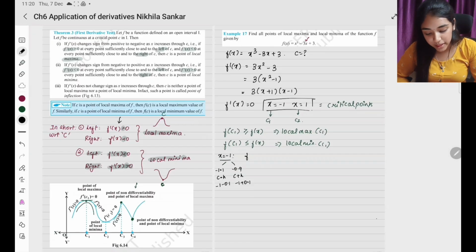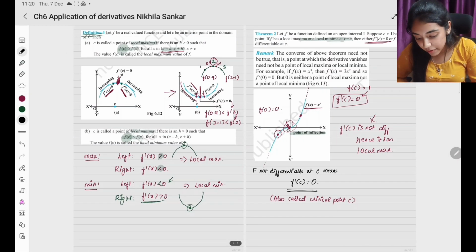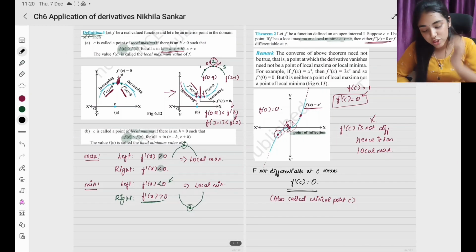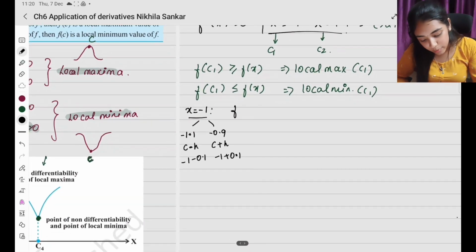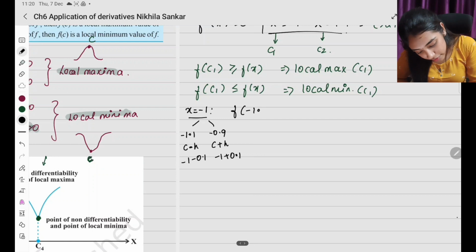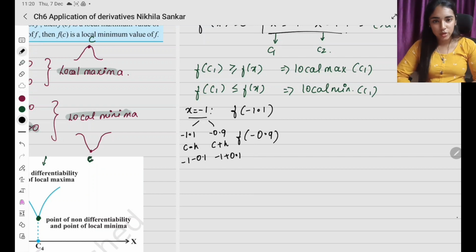I'm going to apply this particular theorem, definition 4, where I have to check the nearby values for minus 1. So I'm going to substitute and find f of minus 1.1 and f of minus 0.9. I have to check for two different values, whether it's greater than 0 or less than 0.